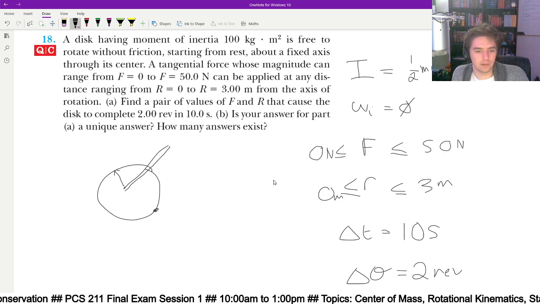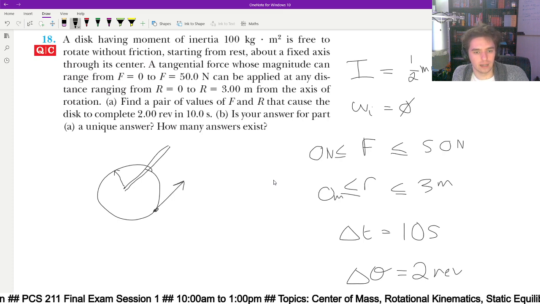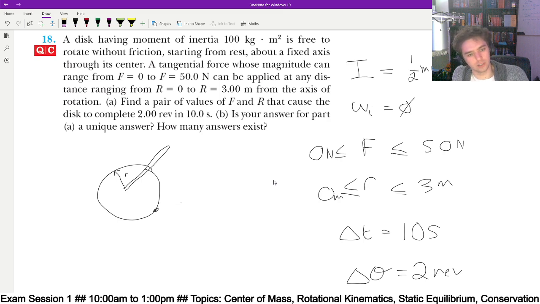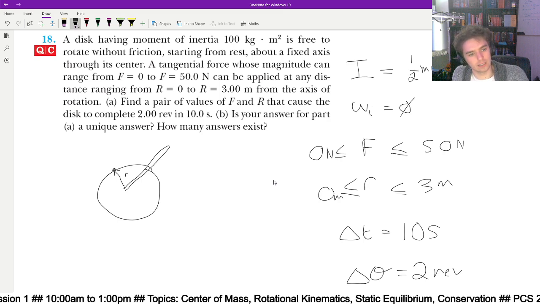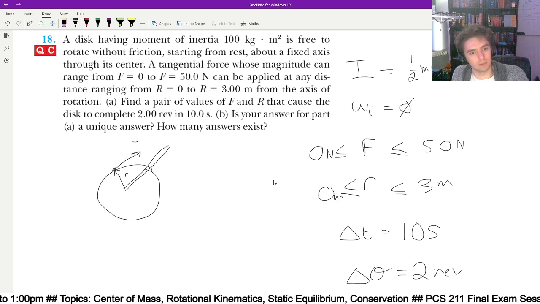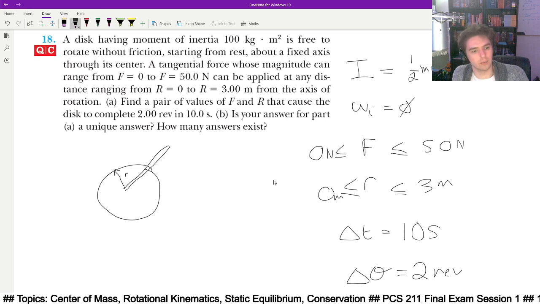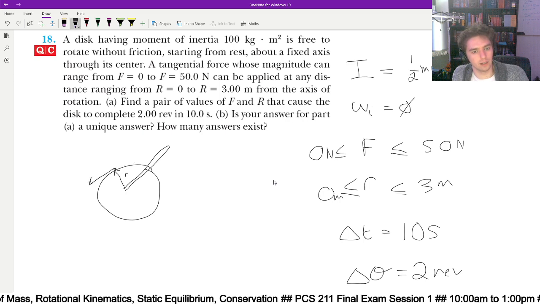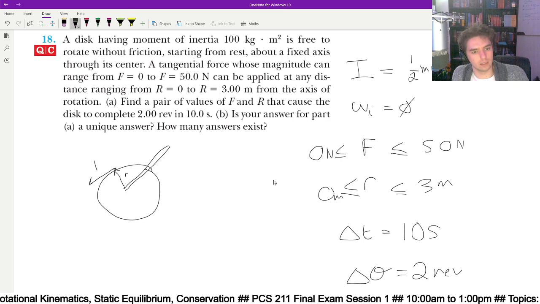And the force is anywhere from 0 to 50. So that's F, that's R. I guess I should not draw it like that. I should draw it like this. So that's F. I'll draw this direction just so it's positive torque.